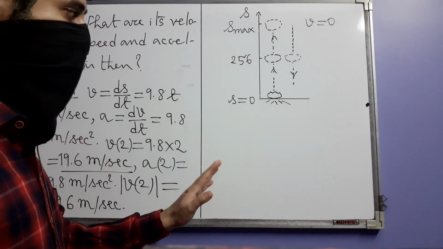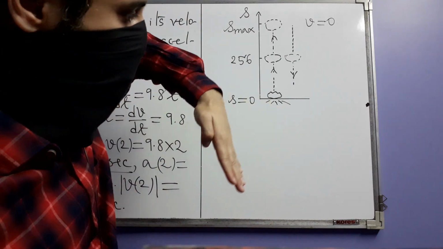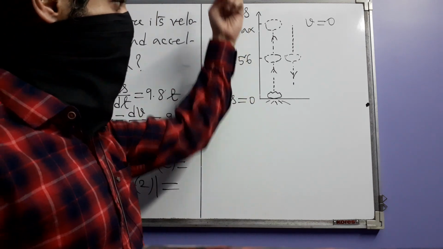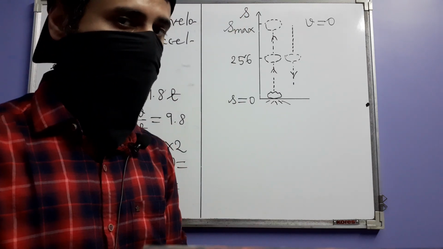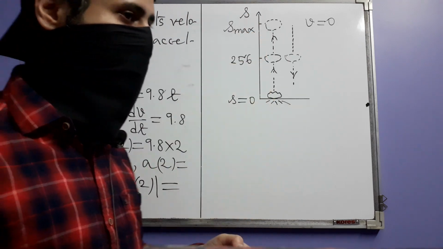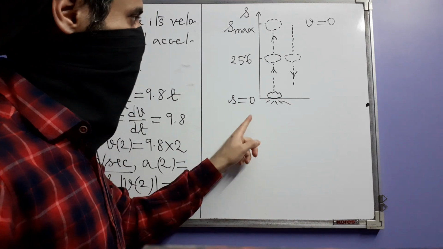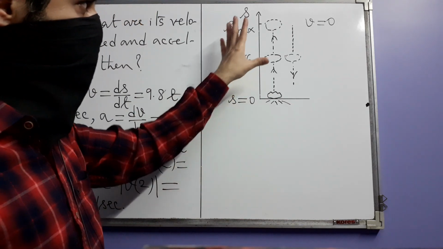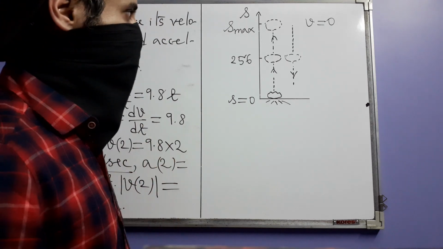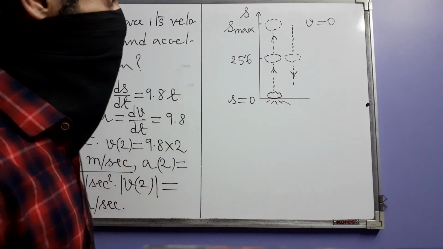You note one more thing, that in the previous example our S axis was positive downwards. Here however it's positive upwards. It's up to you. Here also you can choose the downward axis as the positive S axis, but the upward direction has been chosen as the positive direction, but there is a downward half of the motion as well.